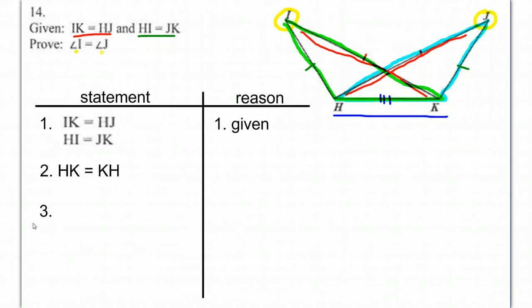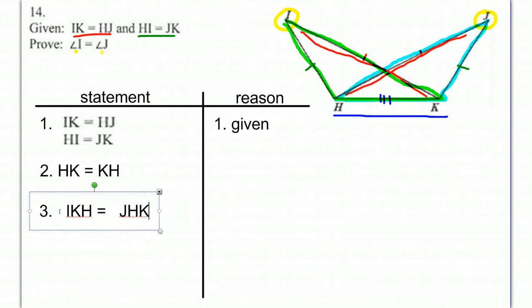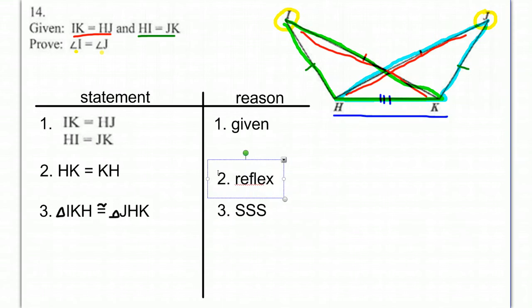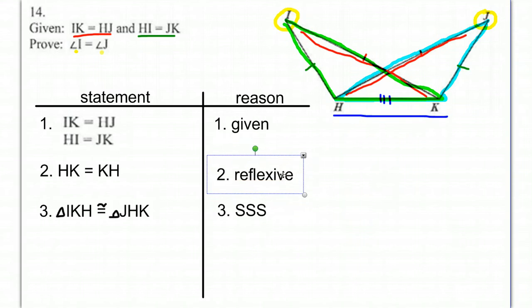So IKH is congruent to JHK. And again, the order does matter. We get our little triangle symbols here and mark this as congruent. Reason we could say that these were equal is by side, side, side. We have three sides for each of them. Going back up a step, I forgot to write that this is by the reflexive property.